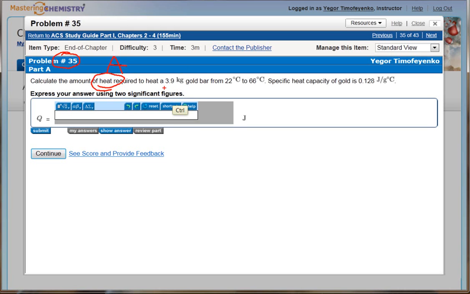Used to heat up 3.9 kilograms of gold bar from 22 degrees Celsius to 66 degrees Celsius, with specific heat capacity of gold being this much. So we first have to write our equation out. Q is equal to mass times heat capacity times change in temperature, which is T final minus T initial.